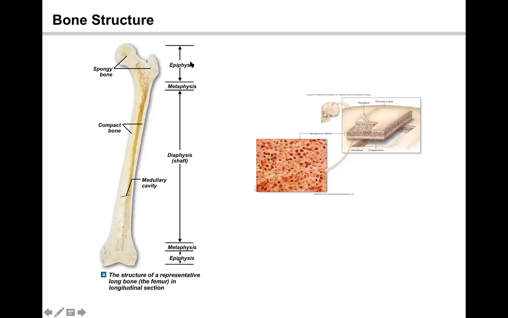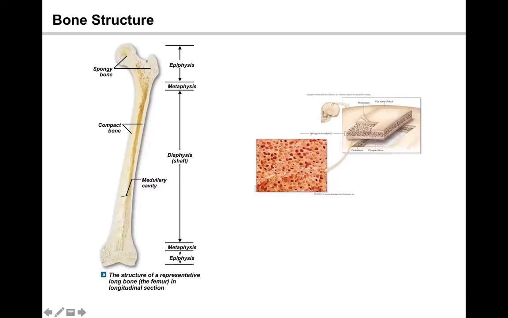Okay, epiphysis on the two extreme ends, and the central part is known as diaphysis, and sandwiched between the diaphysis and the epiphysis is the metaphysis. Okay, the location of compact or spongy bone varies. Usually the spongy bone is on the extremities and the compact bone is in the center.